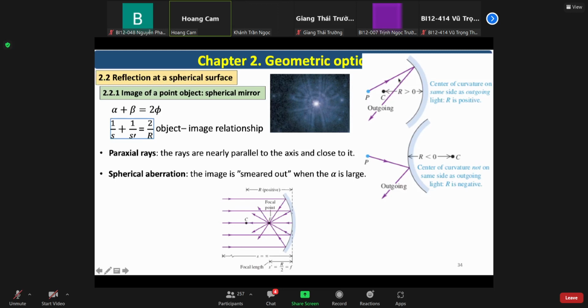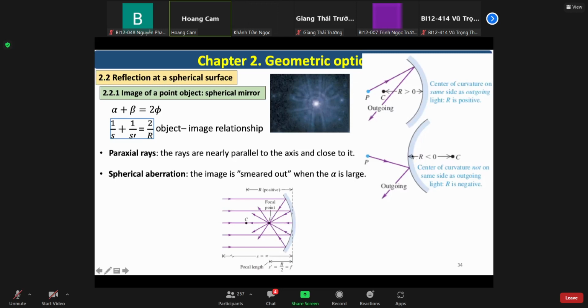In the first case, the center of curvature is on the same side as the outgoing ray, compared with the surface of reflection. So in this case, they have the same side, and that's why we have a positive radius of curvature.